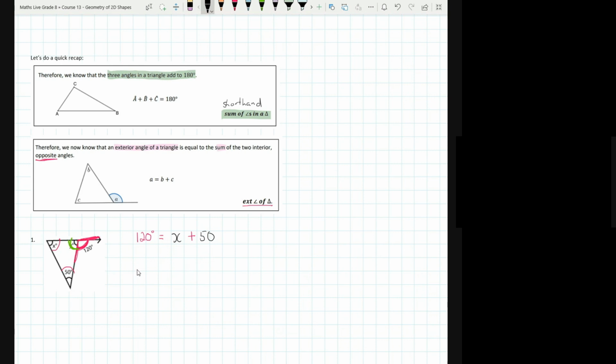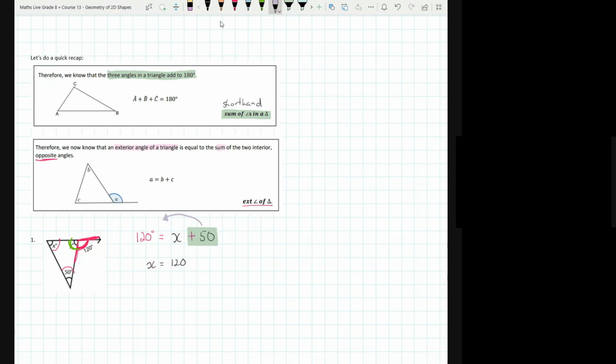Then what Umar did, and I actually want to swap this format around, is he said x is going to be equal to 120 degrees, and then we're going to transpose my 50. If you don't know what transpose is, you can ask, but I know most of us have been here for our equations series, so I'm going on the assumption you know what transposing is.